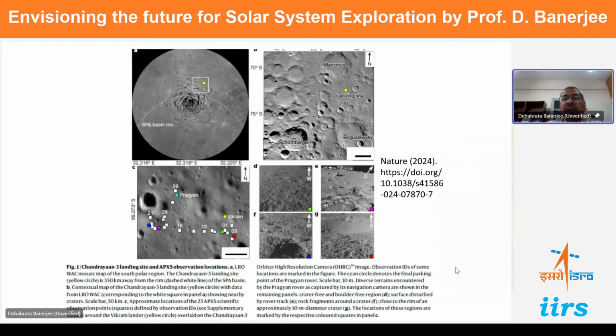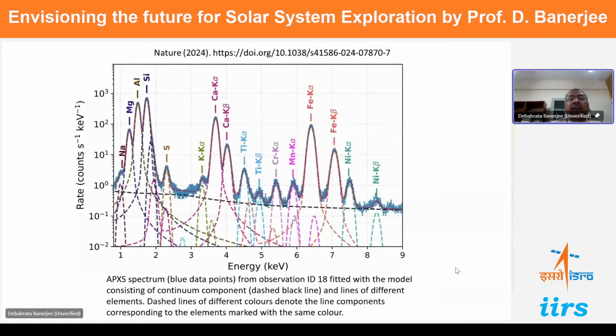So there's an alpha source which excites, and then X-rays are emitted from the moon, and those are measured by an SDD detector here. So now these are the signals, the X-ray signals which I talked about.